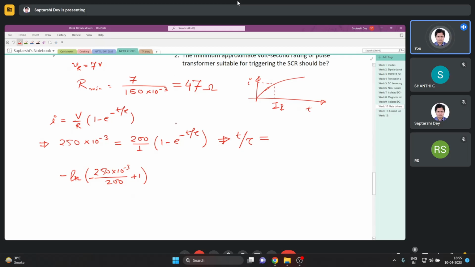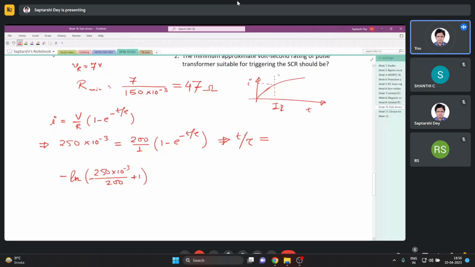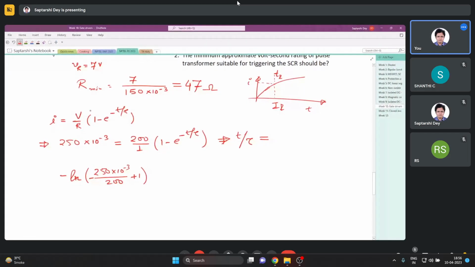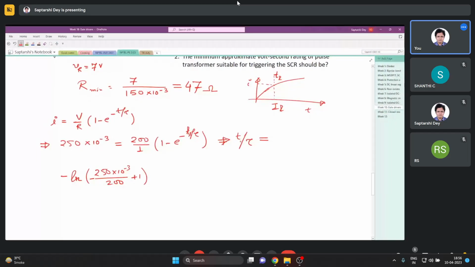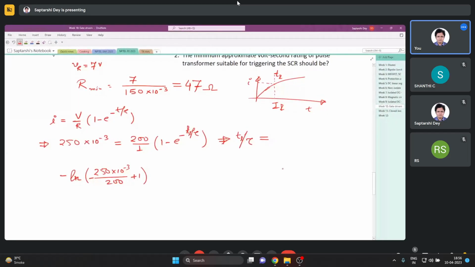It is no longer T actually. Let us call it TL, because we are already giving a value to current, so we cannot keep it as a time variable anymore. So TL. Are you doing?